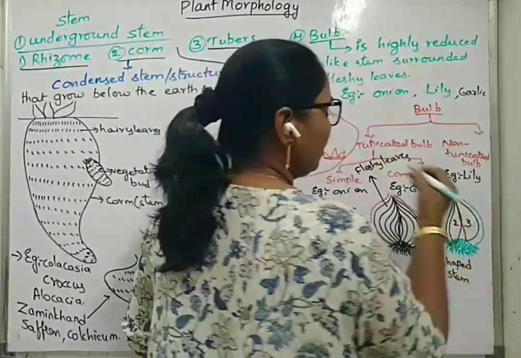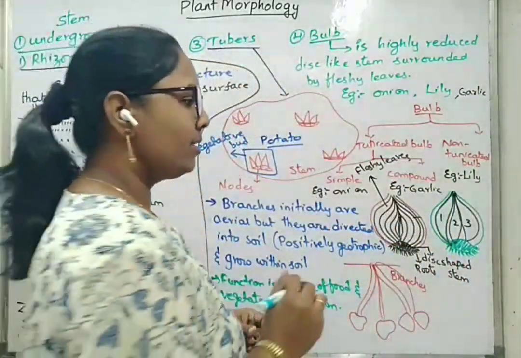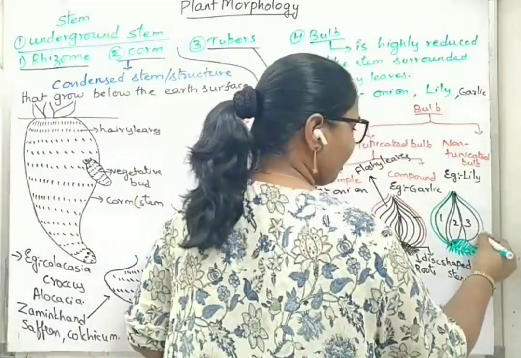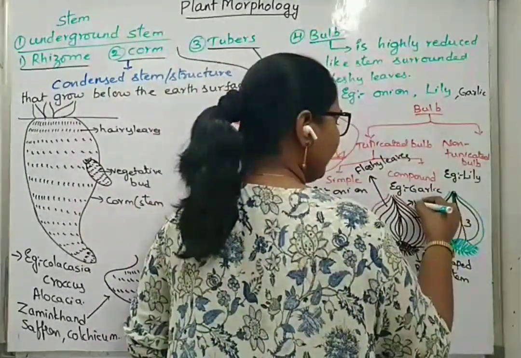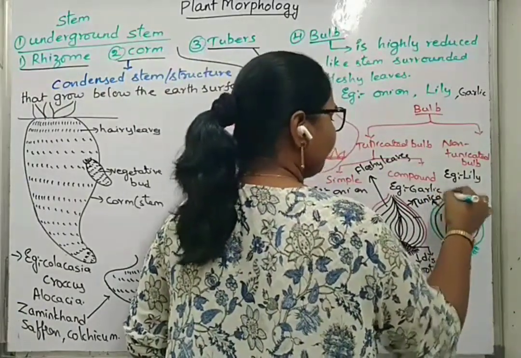One, two, three. Those are nothing but pod-like structures. So this one we can name as tunica.